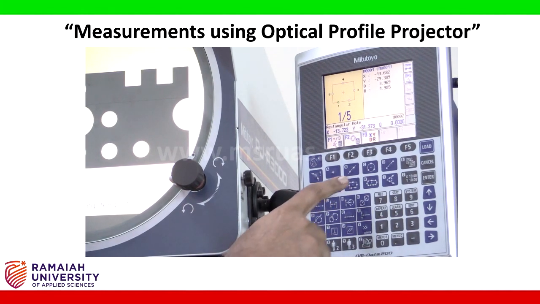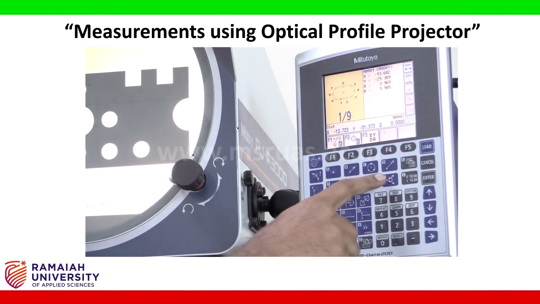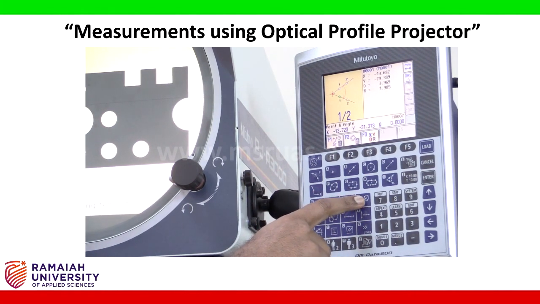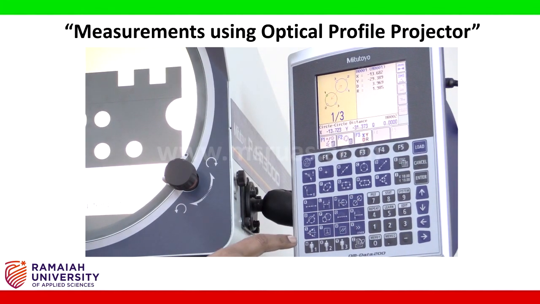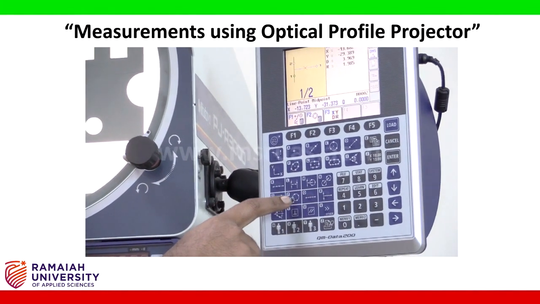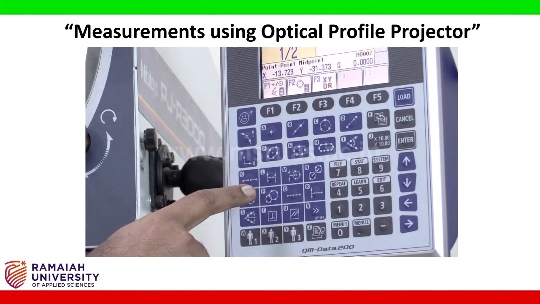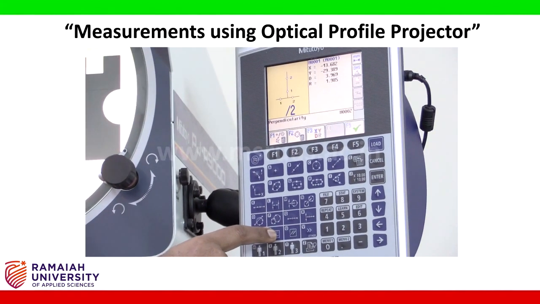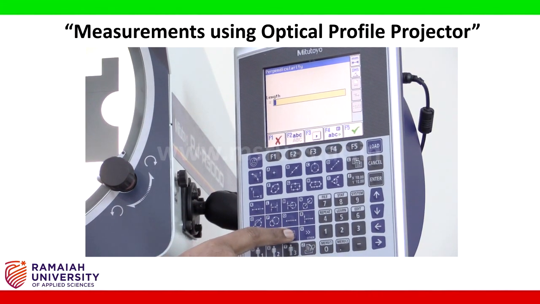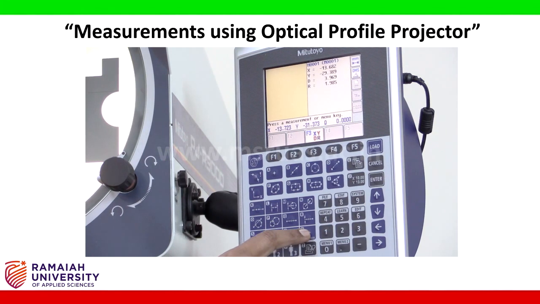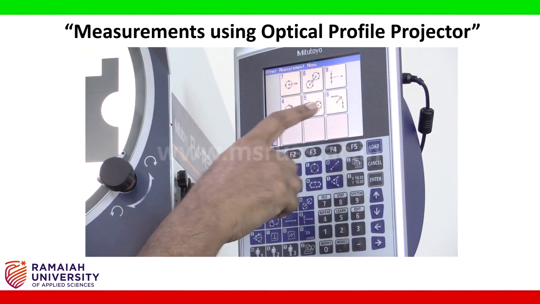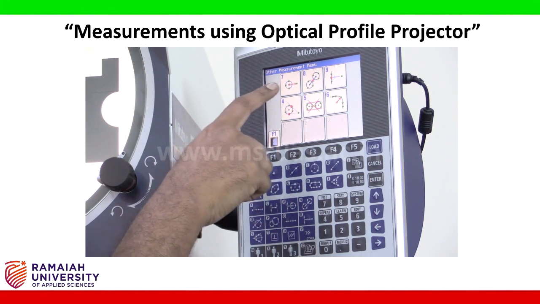the rectangular hole, the slot dimensions, angle, distance between two circles, line, point, midpoint, point to point midpoint, perpendicularity, parallelism, the radius and other options as one can see.